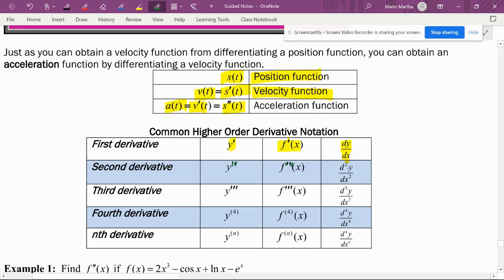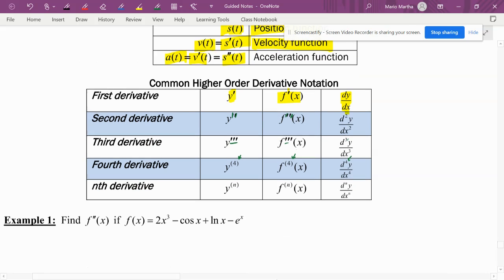And when we use the dy dx, make sure you look at where the exponent is. You put a 2, d to the second power y over dx squared. You don't read it as dx squared, but you read it as the second derivative. Third derivative with 3 marks, and then the cube, and then the fourth derivative, you start using numbers after the fourth one, and so forth.